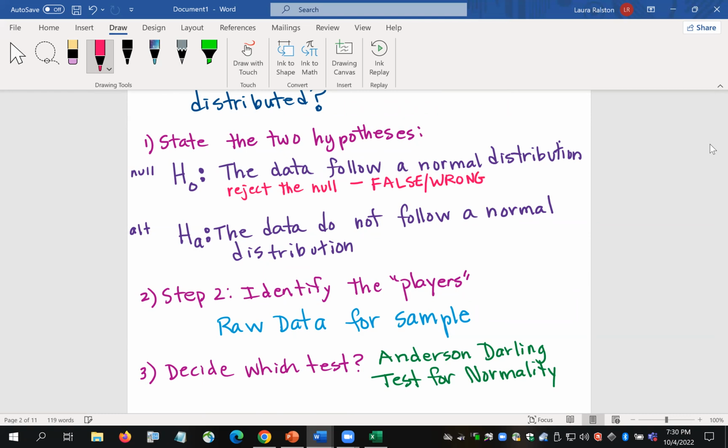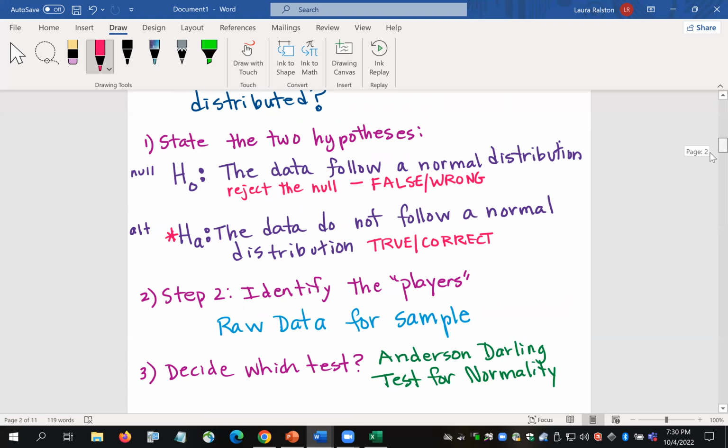And so by default, then, that means the alternative is true or correct in this case. So in this case, what we have proven or verified is that the data do not follow a normal distribution, because you got to follow the logic.